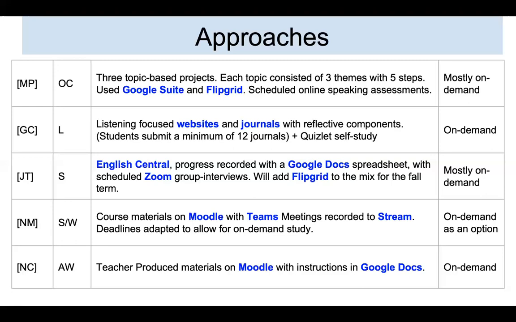So the change to emergency teaching didn't really change that. I've written on the slide Moodle, Teams and Stream, because those are the things we were asked to use by the university. We were asked not to use Zoom, like many universities, I think.